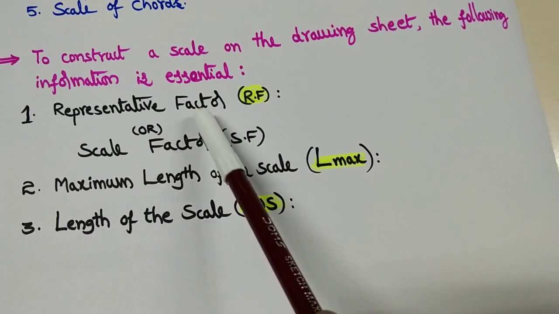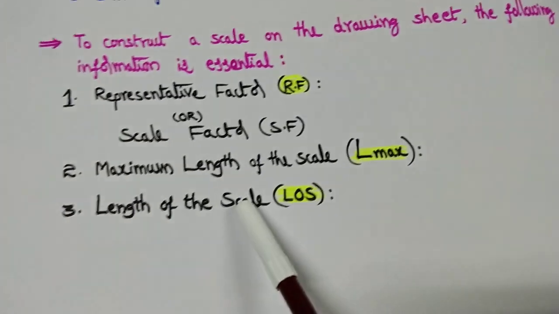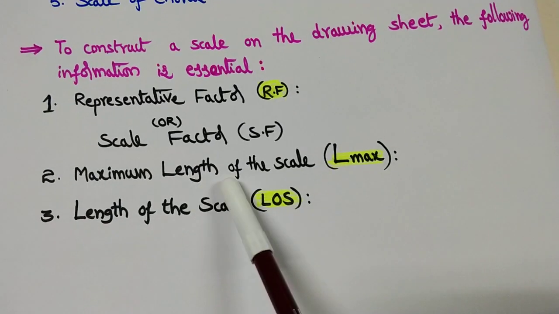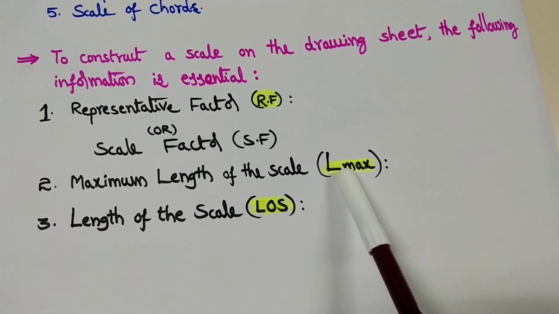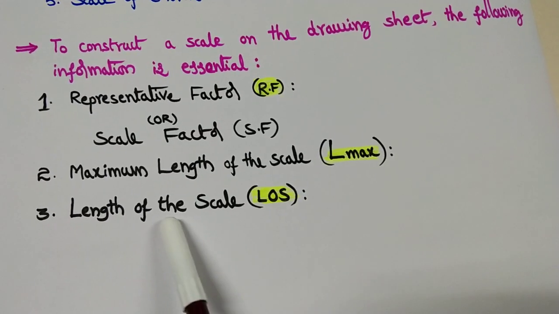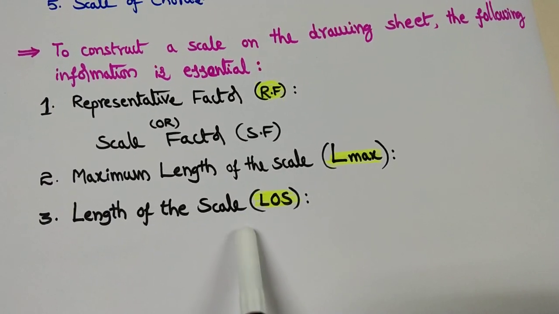All are the same. Second, maximum length of the scale. We also need this for constructing the scale. And next, length of the scale. This is also important to construct any engineering scale.